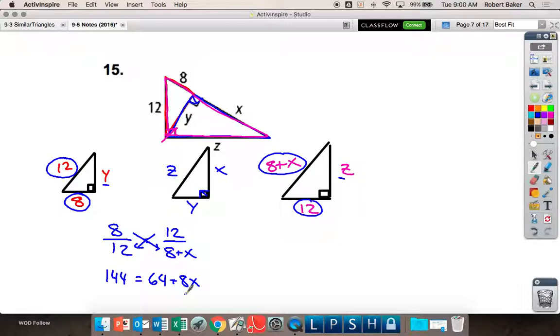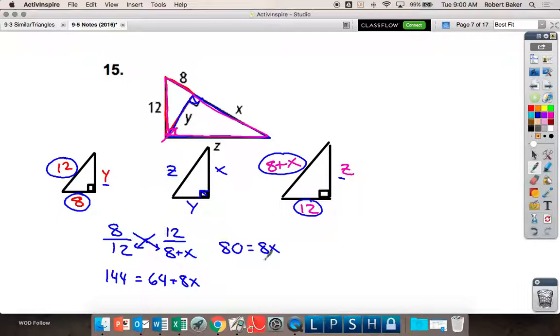Oh, no, math is so exciting. So you subtract 64 from both sides. 144 minus 64 is 80. Hey, look at that.